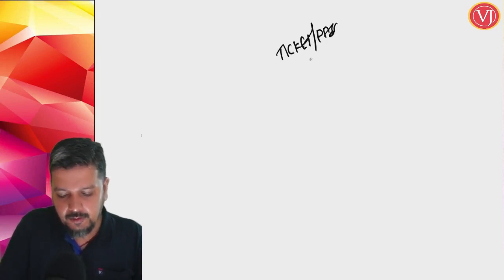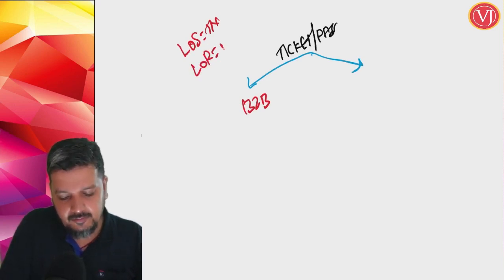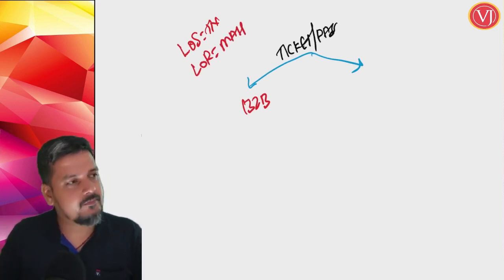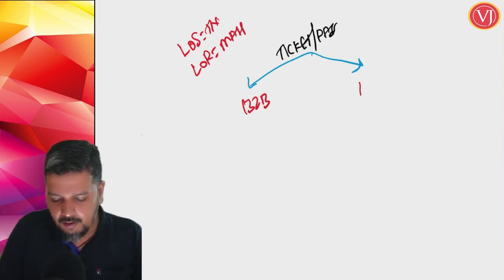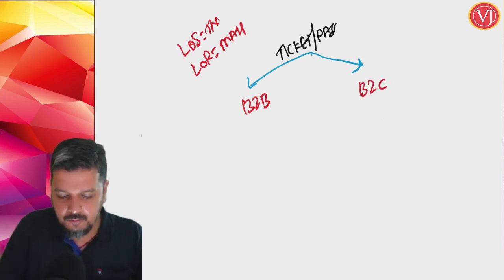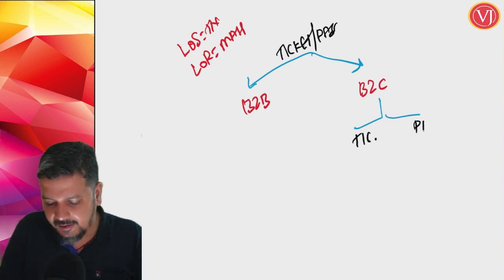There is absolutely no problem if it is B2B. Supposing you're talking about location of supplier in Tamil Nadu and location of recipient in Maharashtra, absolutely no problem. But for B2C, there is obviously an issue. You have to split whether it is a ticket case, per travel, or a pass case, multiple travels.